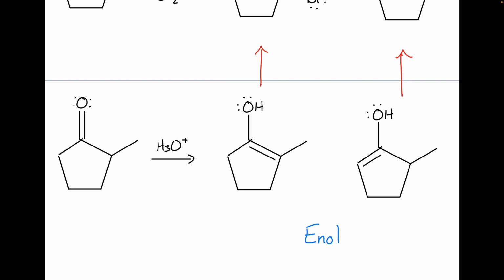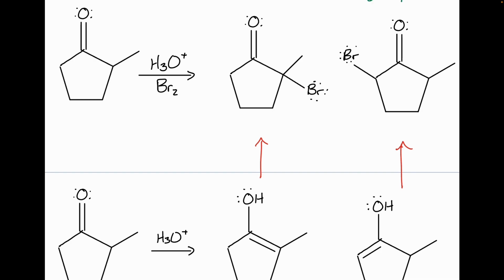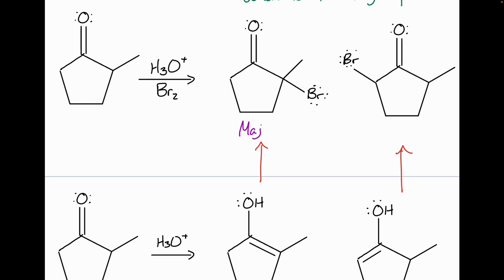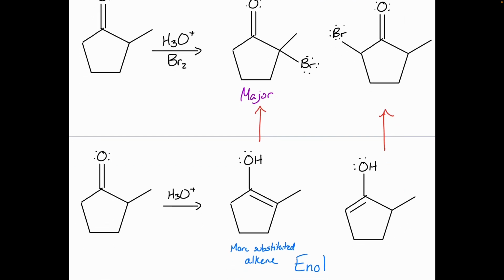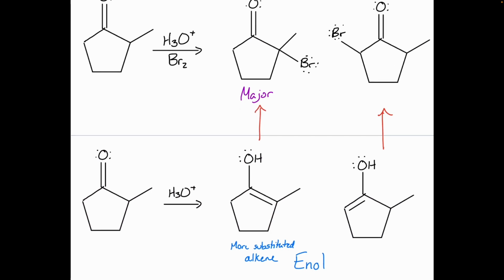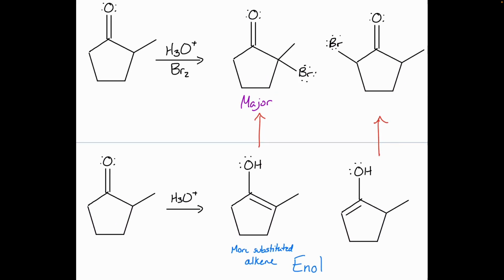All right, let's vote. Who thinks it's the one on the left, A, and the one on the right, B? So why do we think it's A? Substitution, right? This is the more substituted alkene, which means that this is my major product. So the more stable enol is the more substituted enol, and that will lead to your major product in this reaction.